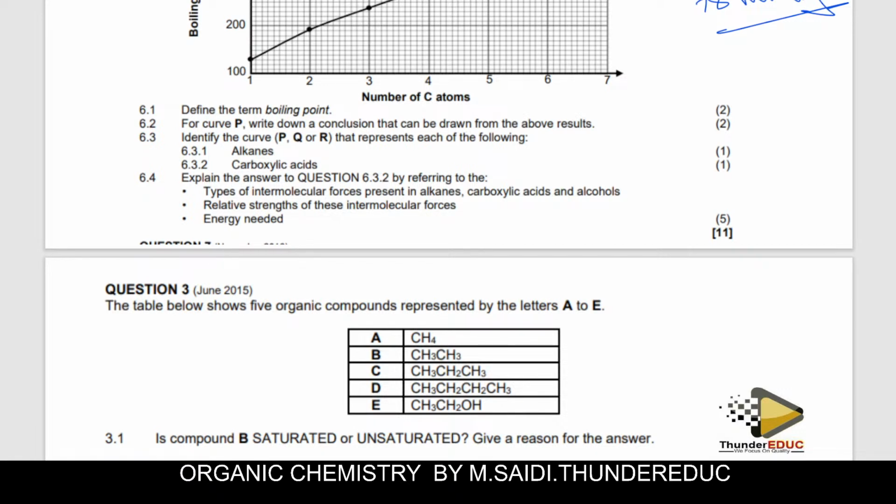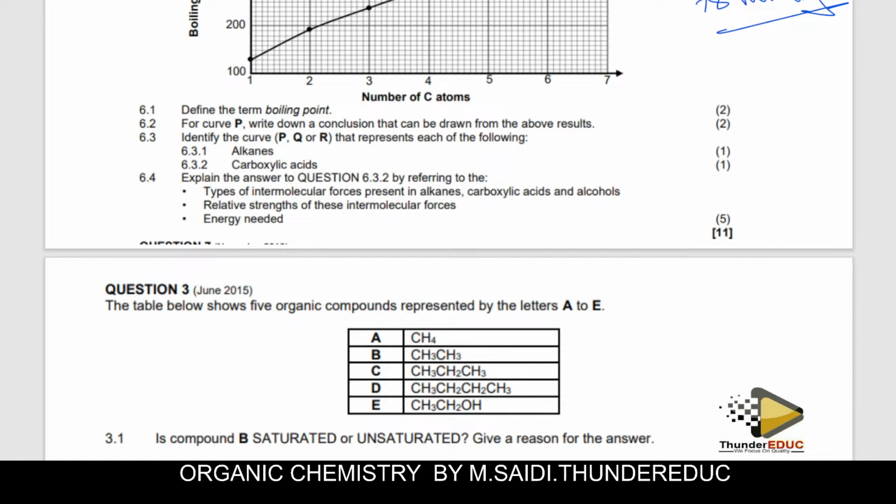All of alkane, carboxylic acid and alcohol have London forces. But alkanes only have London forces. Alcohols have London force, and in addition to London force, they also have dipole force, and they also have the hydrogen bond, but with one side for this hydrogen bonding.